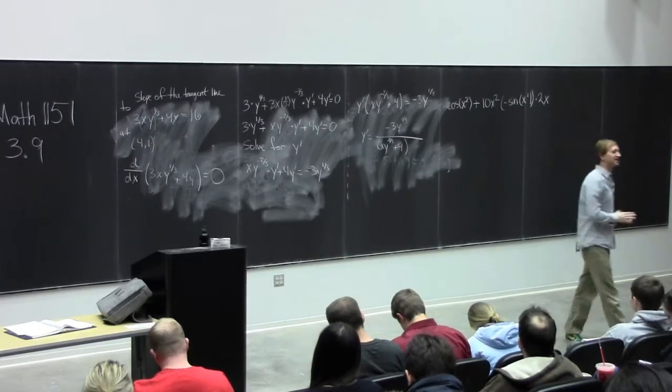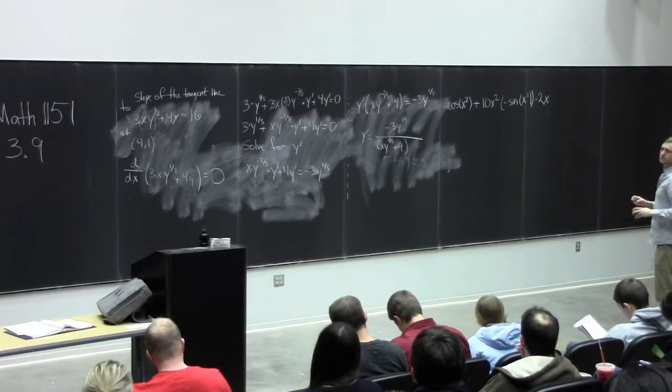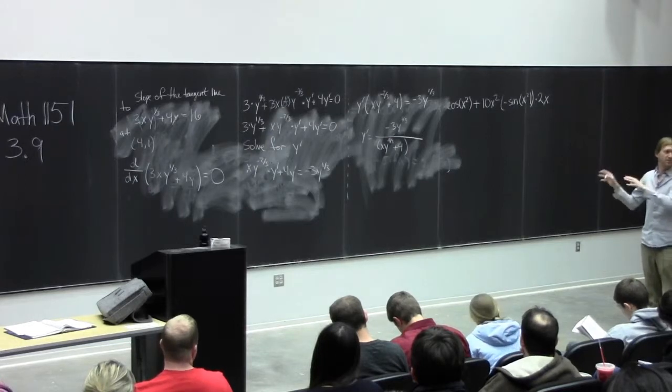How do I find the slope of the tangent line? I take those numbers there and I just plug them in.